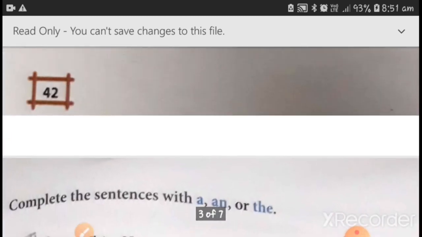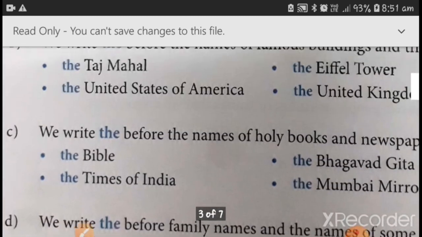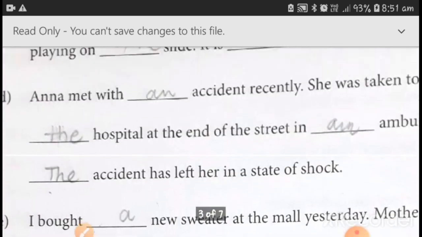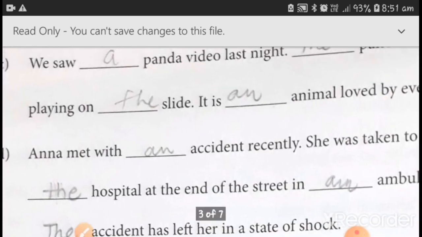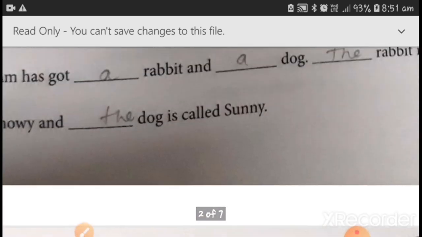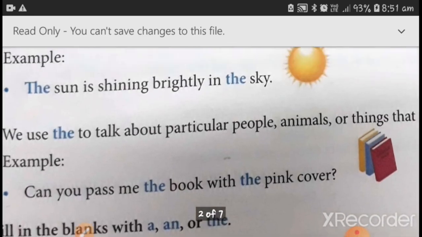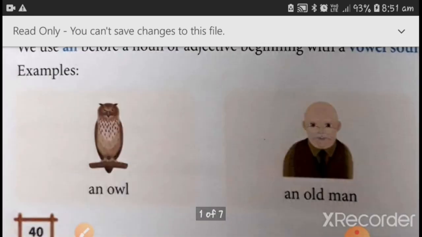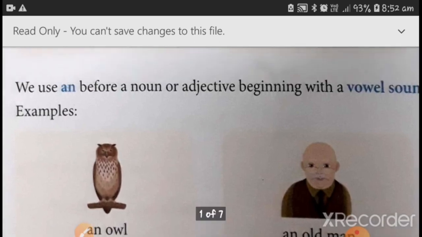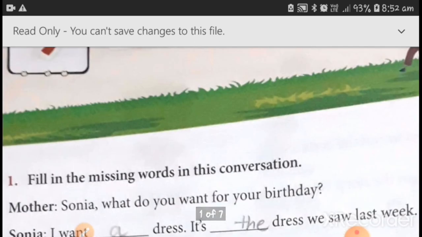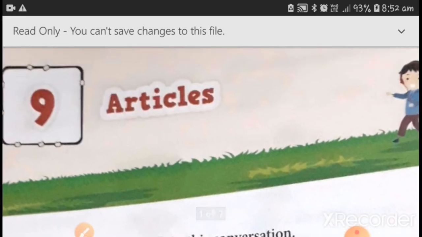If you have any doubt, you can ask in the comment box, or by calling also you can ask, no problem at all. But go through the exercises and complete all the exercises in your book. You know which chapter it is and which page we have completed.